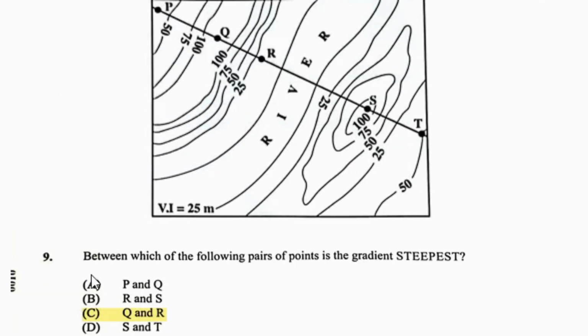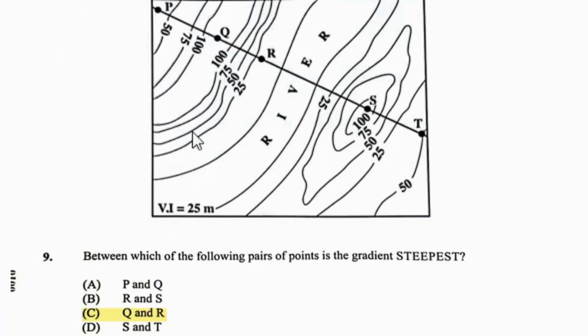Question 9. Between which of the following pairs of points is the gradient steepest? Note the answer is C as in cat, Q and R. Now the rule states that the closer the contour lines, the steeper the gradient. And the wider the contour lines, the gentler or the flatter the gradient.